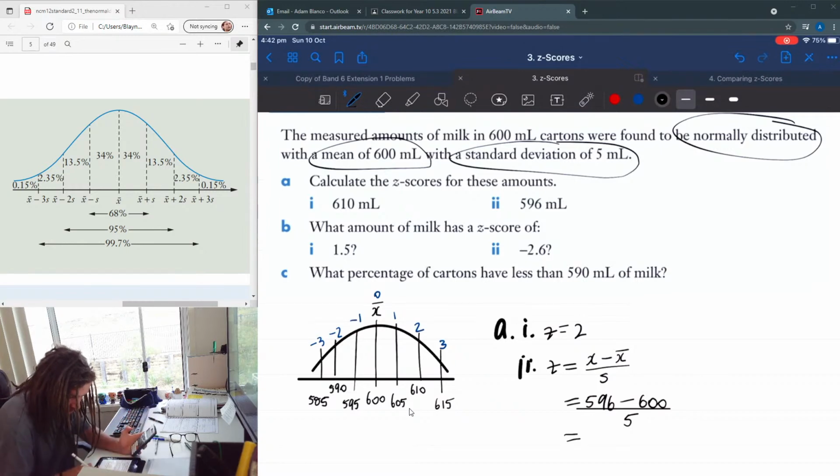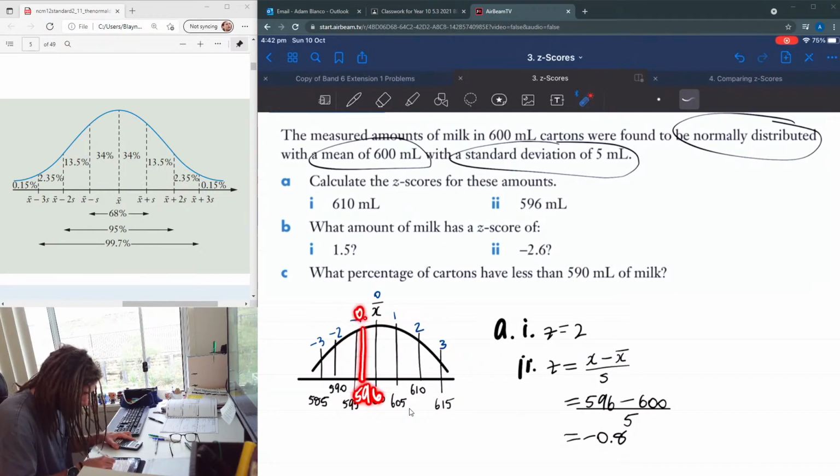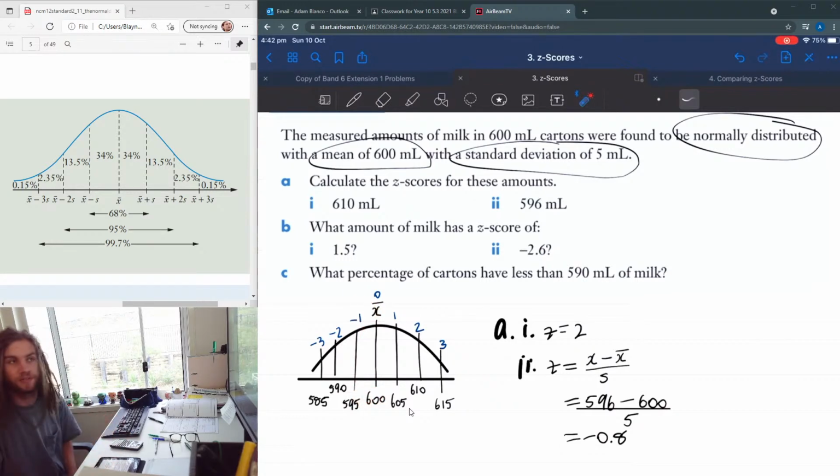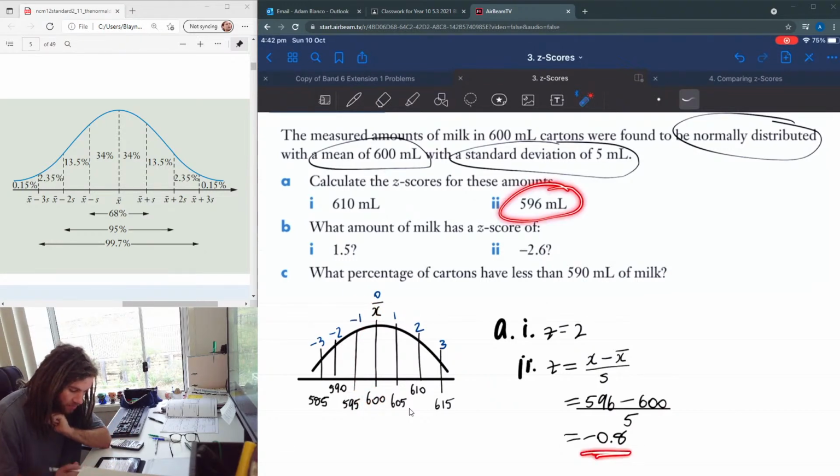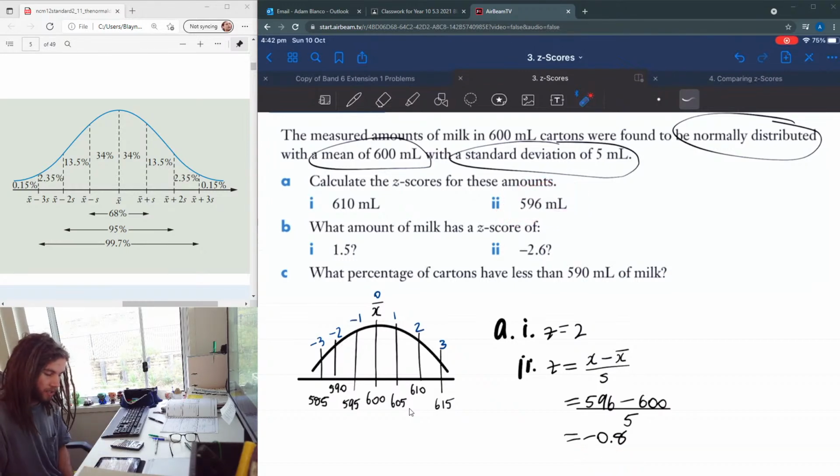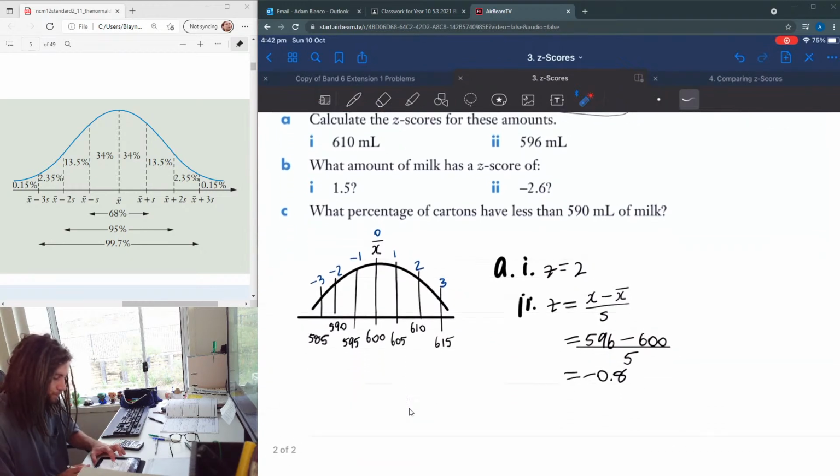So minus 0.8. And that's kind of what I expected. So 596 sits here and has a Z score of minus 0.8, and that makes sense. That just means this carton of milk is negative 0.8 standard deviations away from the mean.